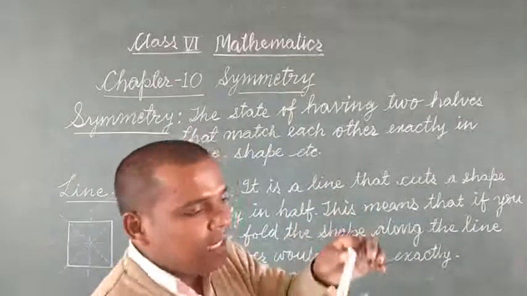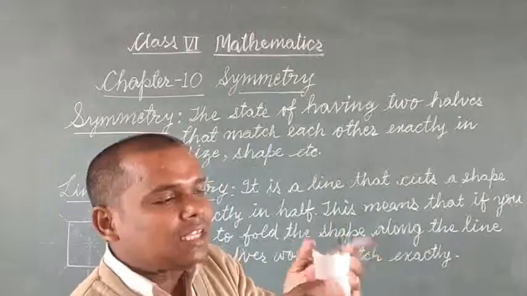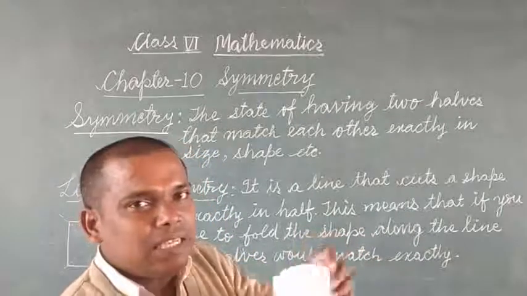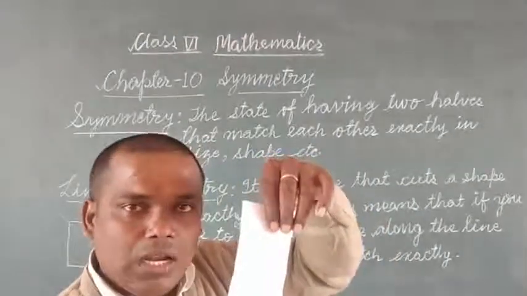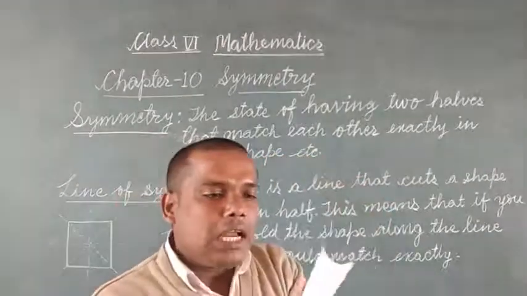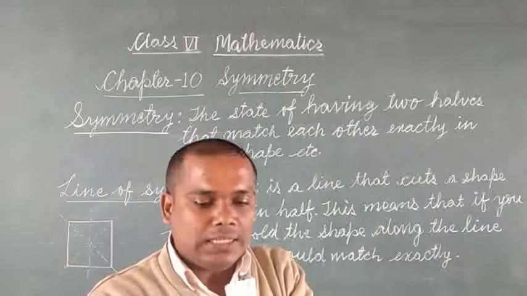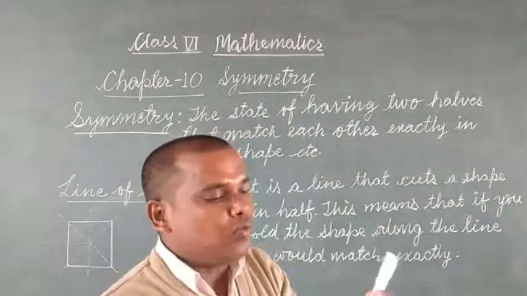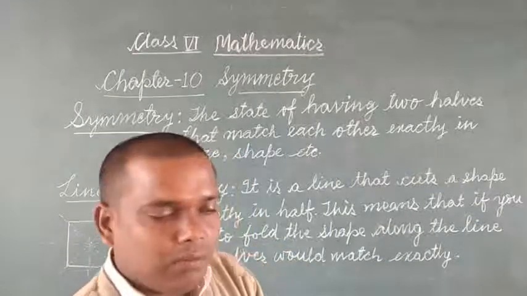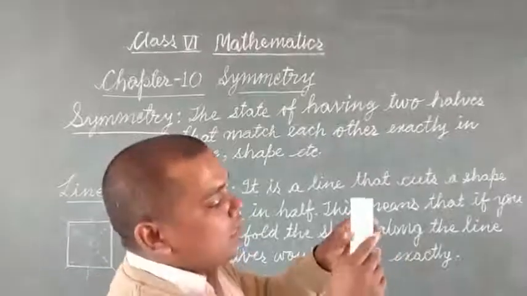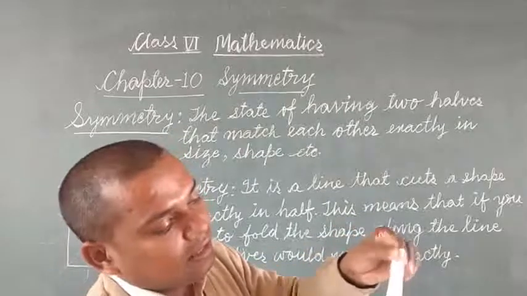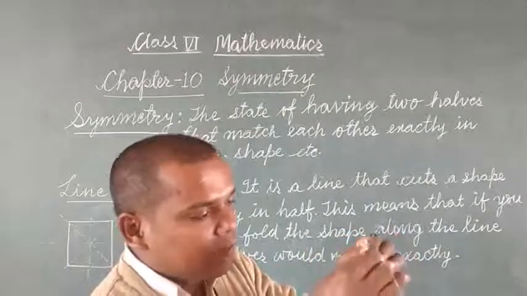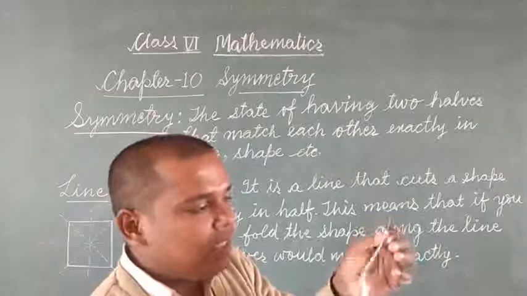Now along this side, these are going to match exactly with each other. Means along the length, the rectangle has one line of symmetry. Now along the breadth I am going to fold it. Sorry, along the length I am going to fold it. Earlier I had folded along the breadth. So now see, this half of the rectangle exactly matches this half. See here. So this crease is another line of symmetry.